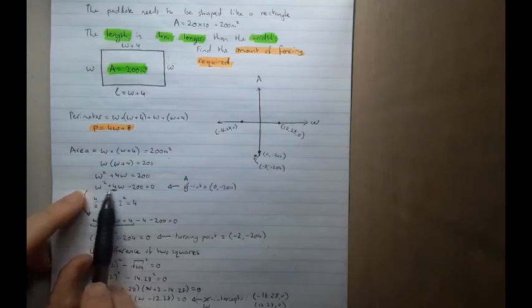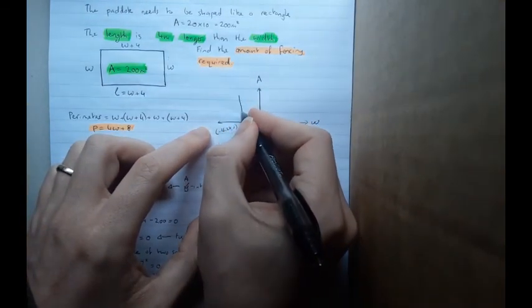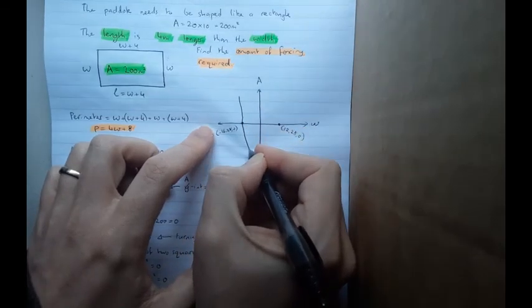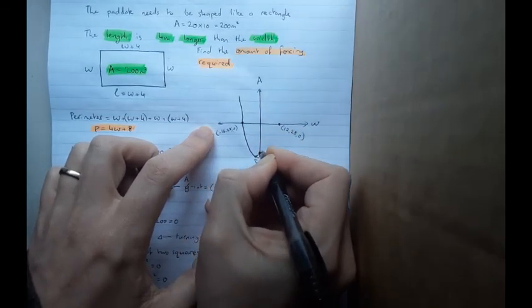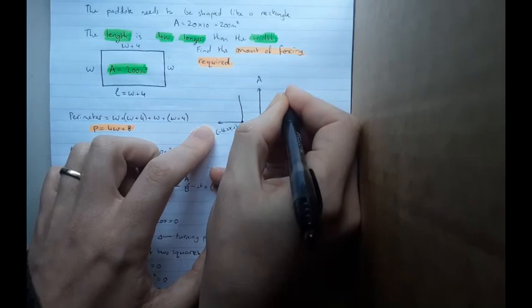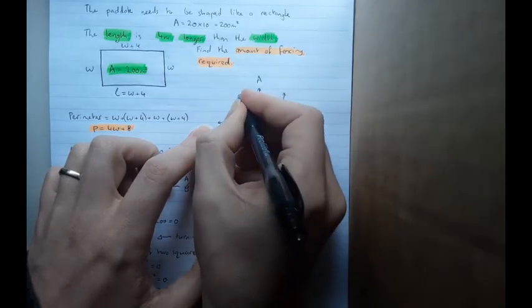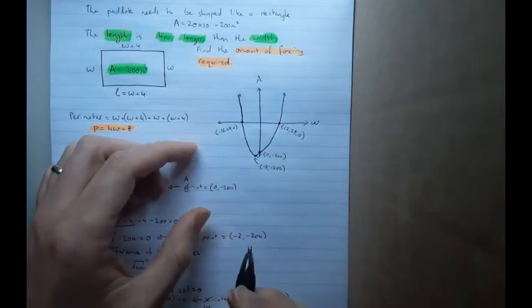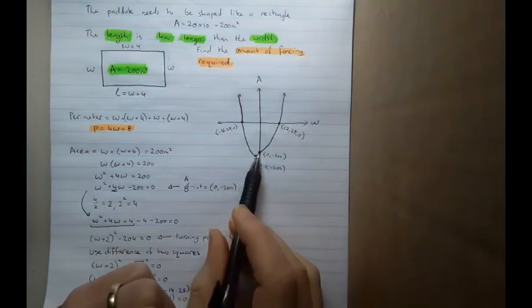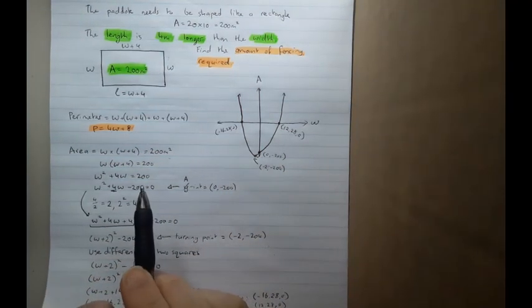So that means it's a positive shape. So we know we've done it right, and we can just draw our graph. Now it's not a perfect graph, but it's generally the right shape. Got our turning point, y-intercept, 2 x-intercepts.